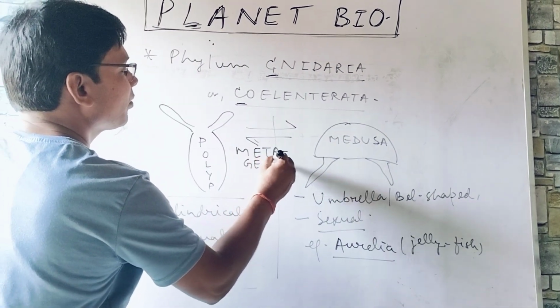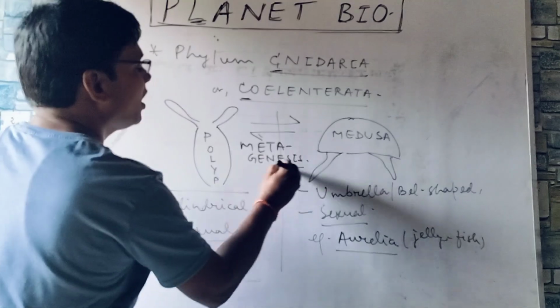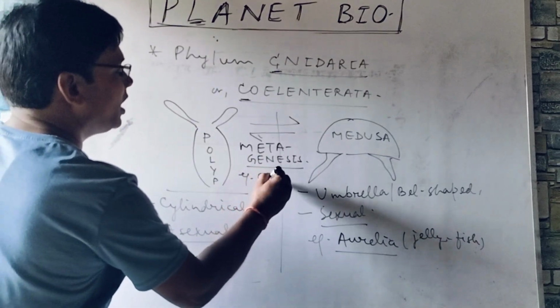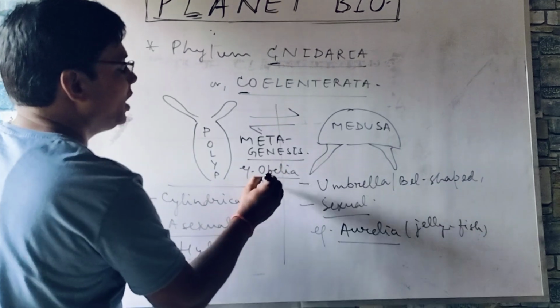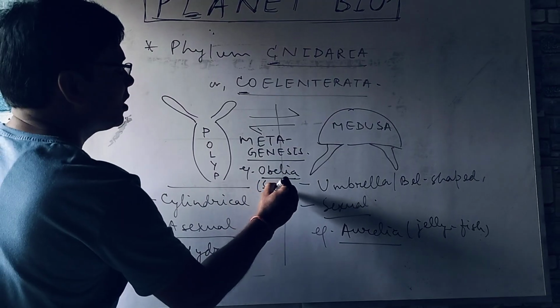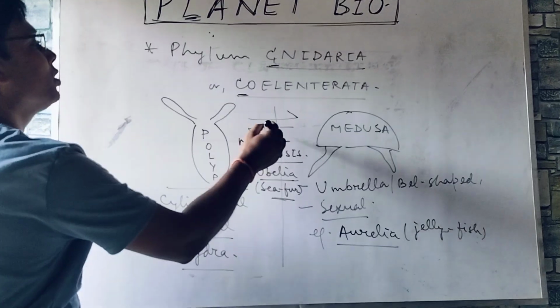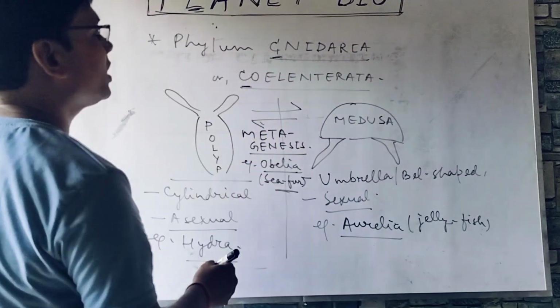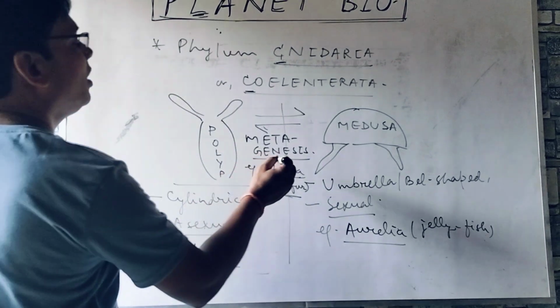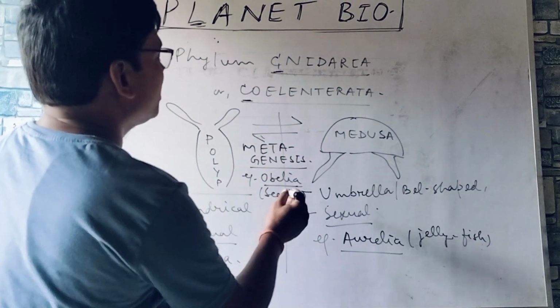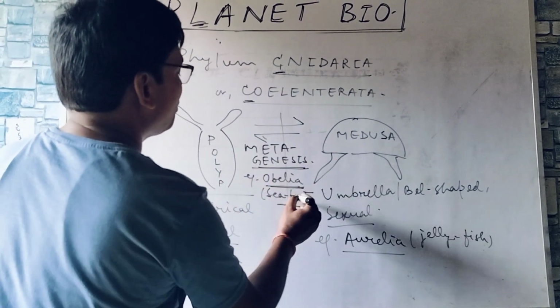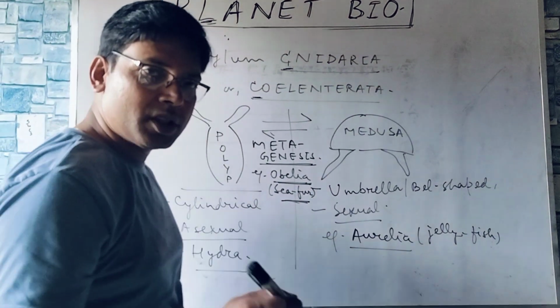This event is called metagenesis, and it is seen in Obelia. Sea fur. So both the stages in a single life cycle can be seen here, and the event is called metagenesis. Example is Obelia and commonly called sea fur.